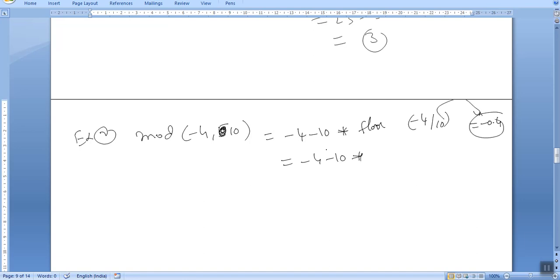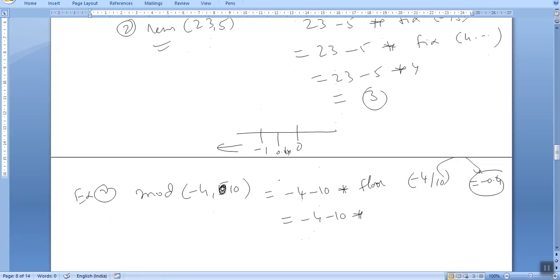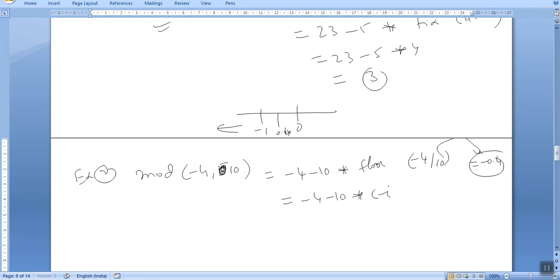So floor value towards infinity, this is 0, this is minus 1, so in the middle minus 0.4. So towards negative infinity, that value is minus 1. So that value is minus 4 plus 10 equals to 6.